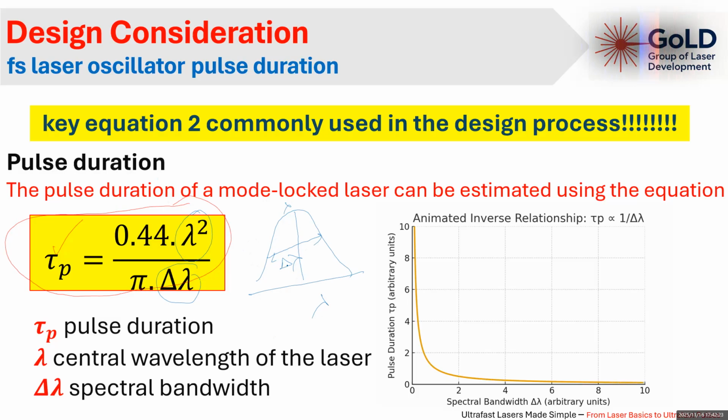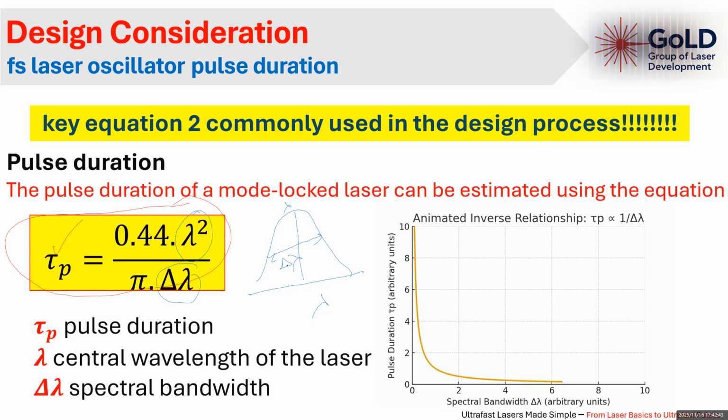According to that, you can easily calculate the pulse duration. But only calculating the pulse duration is not enough. The oscillator, or wherever the pulse is generated from, is supposed to be mode locked.